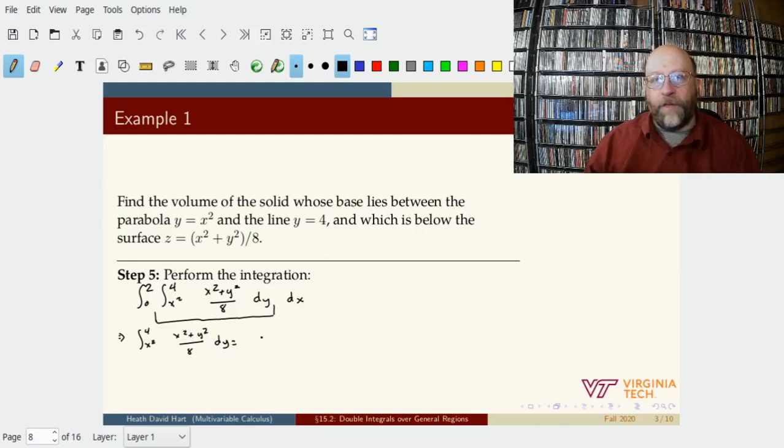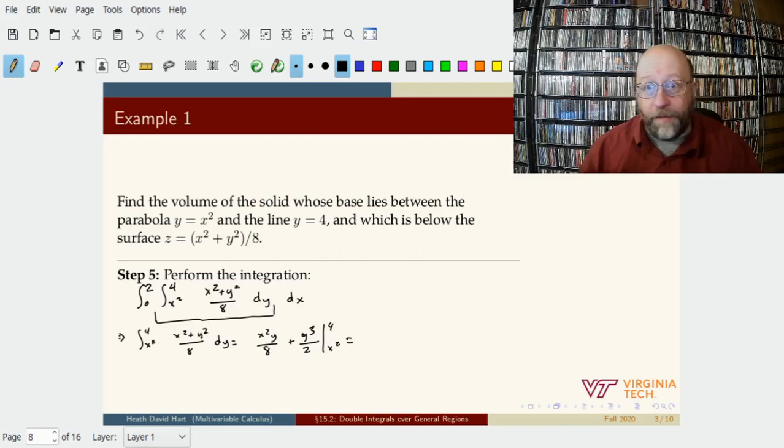X squared is just a constant, and so we just multiply by y. Y squared over 8 becomes y cubed over 24, evaluated from x squared up to 4.